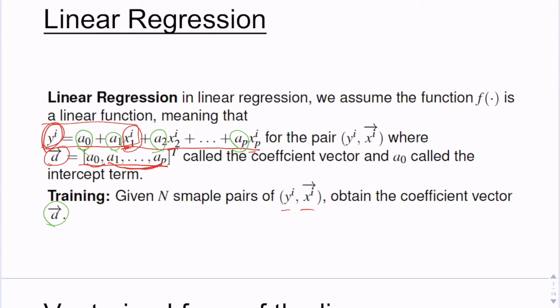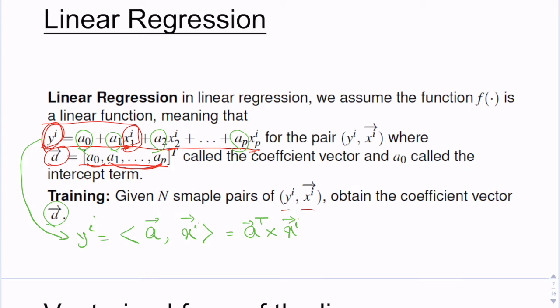Also note that I can write this in vector form: y_i, which is a scalar, is equal to the dot product between vector a and vector x_i, which is a transpose times x_i.